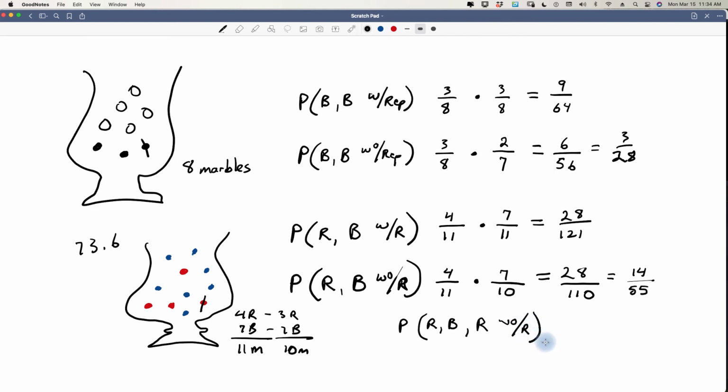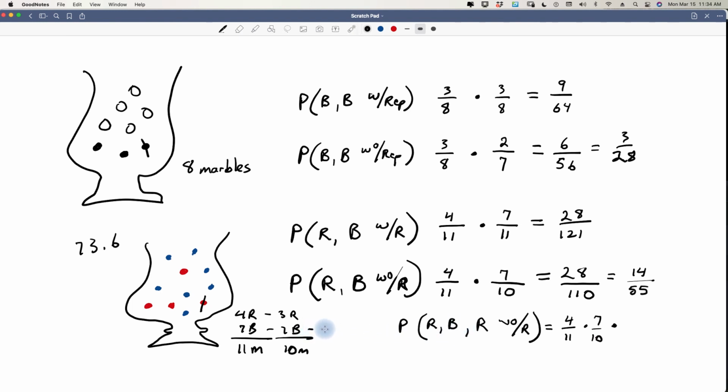replacement, right? So we've already done the red and the blue up here, so we can just bring that down, right? We pulled out a red, all right? Now we pulled out a blue, and we want to pull out another red. So we pulled out the blue, so we have to subtract a blue.